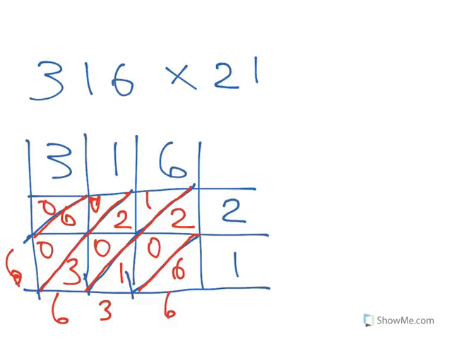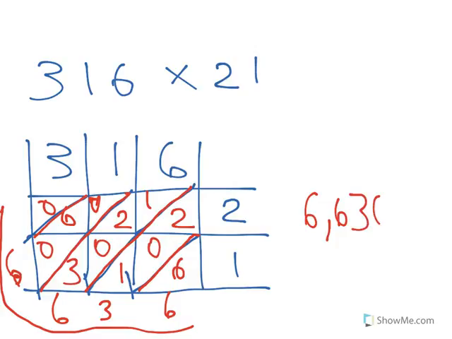So my answer should be, if I start from the top here on the left and go around like this and read it that way, 6,636. And let's just do this up here to make sure it's clear that this is right. If you're doing the traditional algorithm, what's 1 times 316?